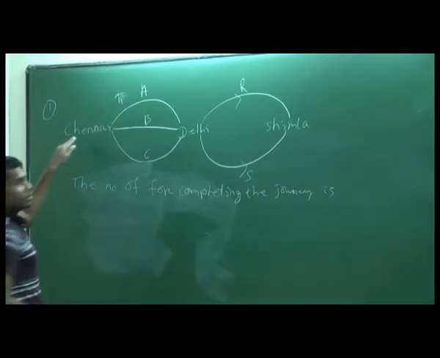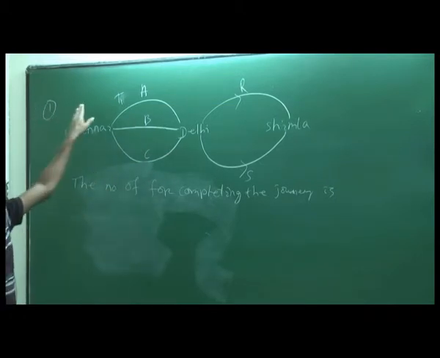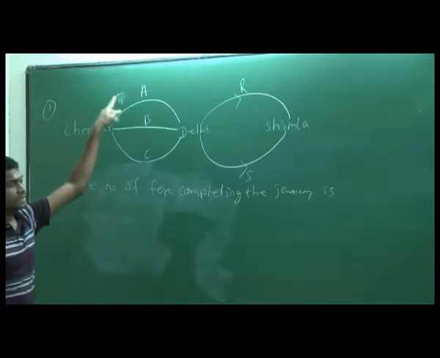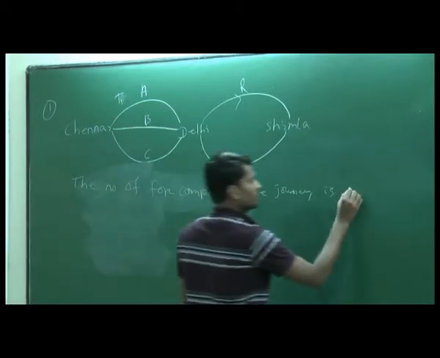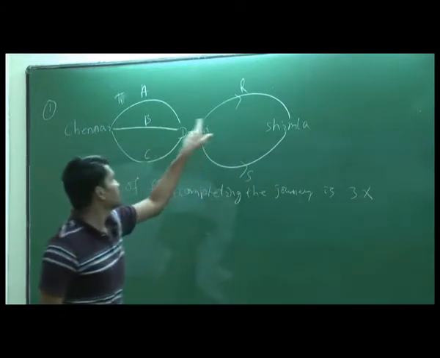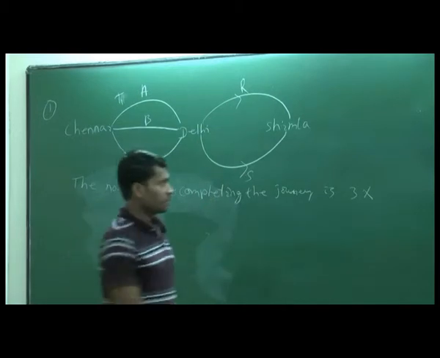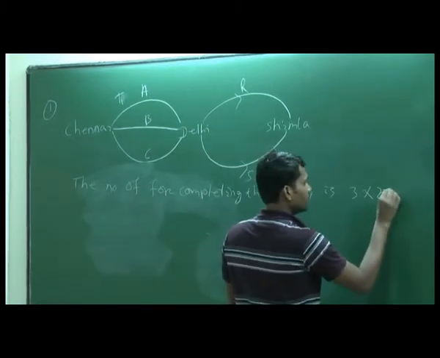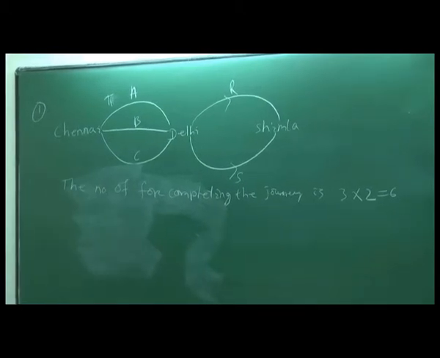First we have to go from Chennai to Delhi. How many ways? 3 ways. So the first task T1 can be done in 3 ways, times the second task, going from Delhi to Simla. There are 2 ways. So we just multiply by 2, and we get 6, right?